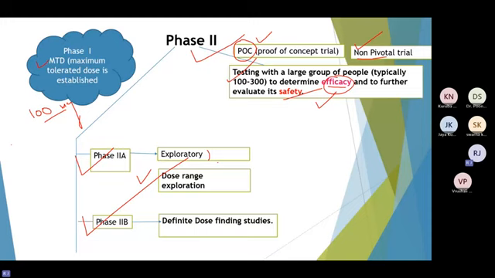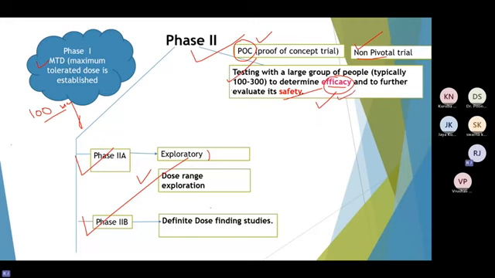So in dose range exploration, what do we give? 10, 20, 30, 40, up to 100, and we try to see the effect. At 10 mg, 20 mg, what is the effect? Once we identify that at 60 mg, 70 mg, 80 mg the drug is showing the maximum effect, then again in phase 2B, with that range of 60, 70, 80 mg, we recruit some subjects, give that drug, and try to determine the best dose which is showing the maximum efficacy.